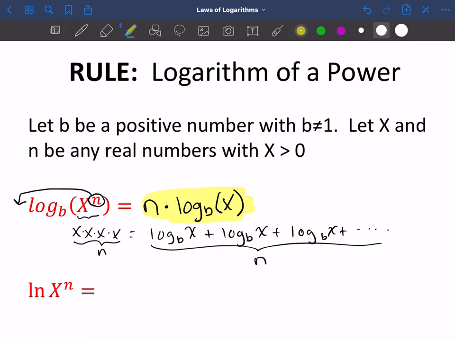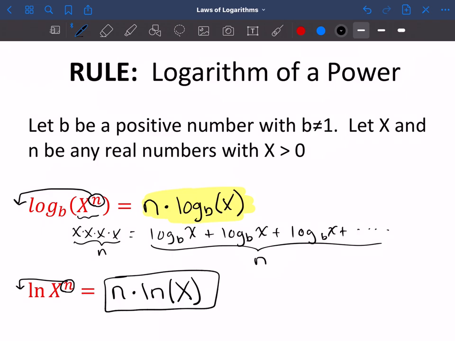The same is true for the natural log. So our natural log is going to be equal to, we take our power and write it out front. So we end up with n times the ln of x. So this is our second rule that we need to have memorized.